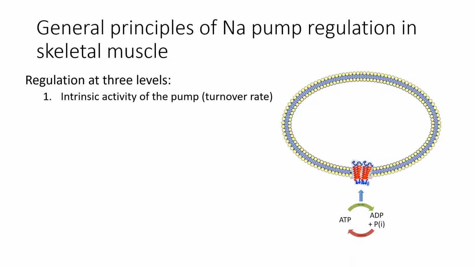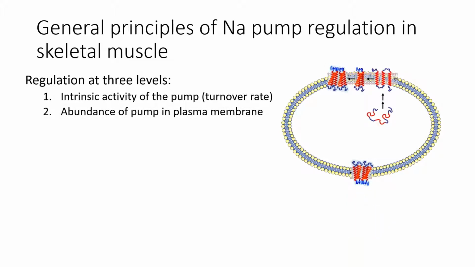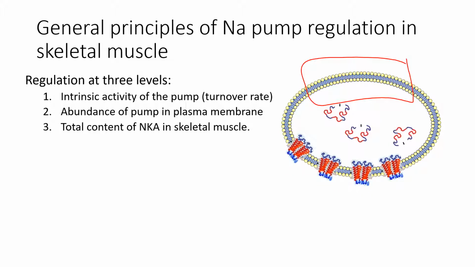First, at the level of intrinsic activity of the pump, or how fast or slow the pump turnover rate is, or by abundance of pumps in the plasma membrane, or by the third mechanism, the total content of pump in a skeletal muscle.